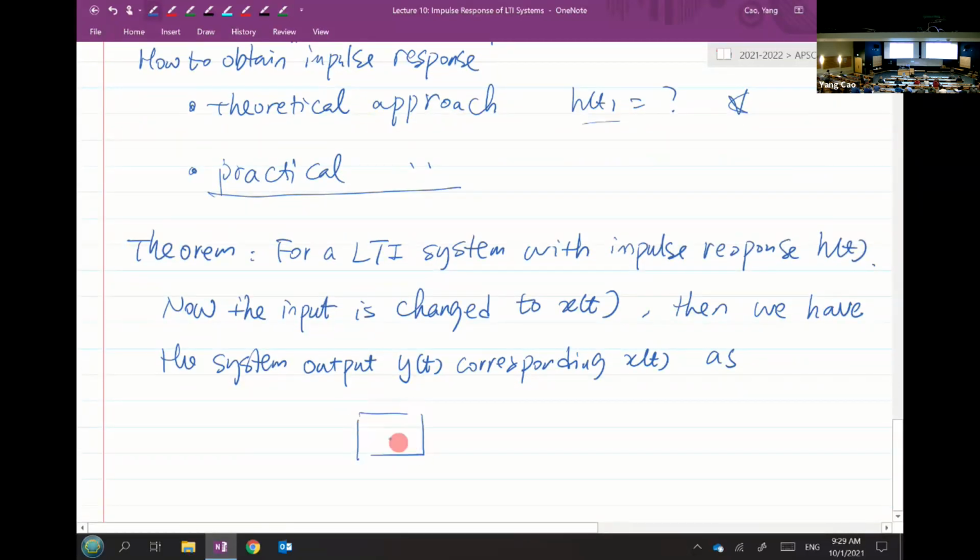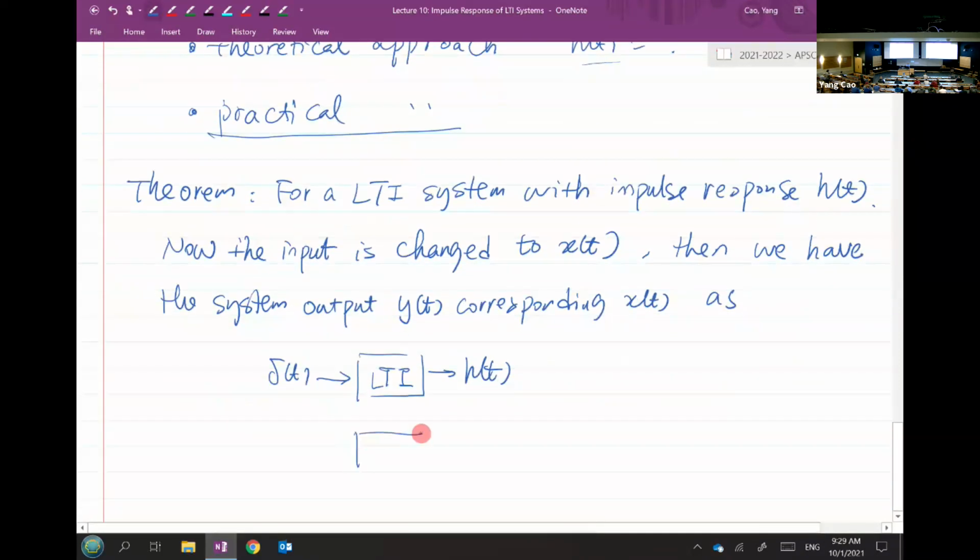So here's your LTI system. You have delta t given, and you get your h of t. Now you have x of t, a new input to the same LTI system.